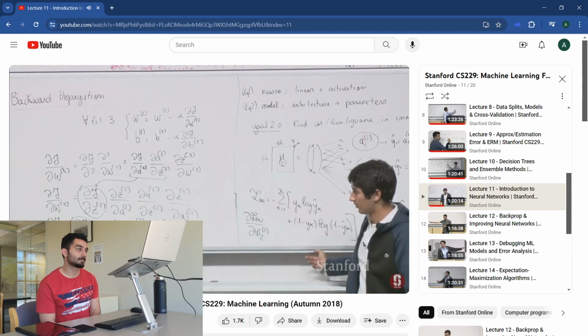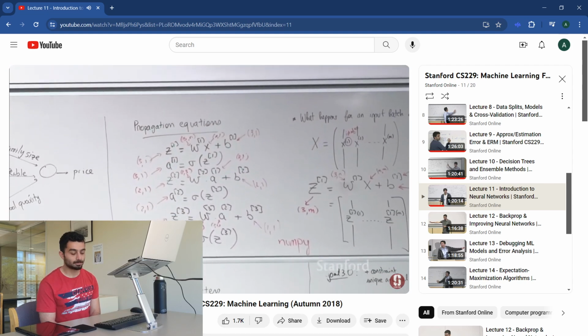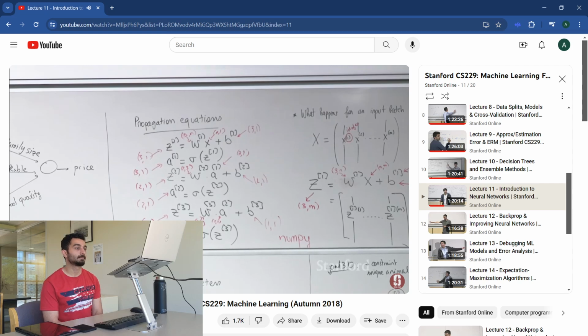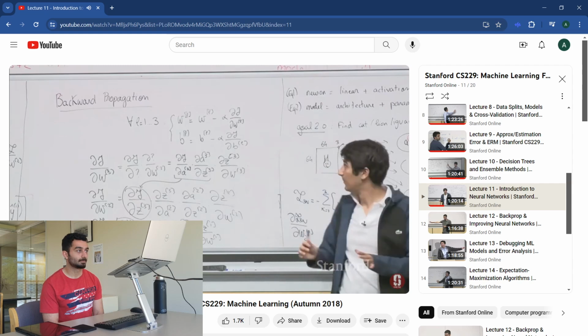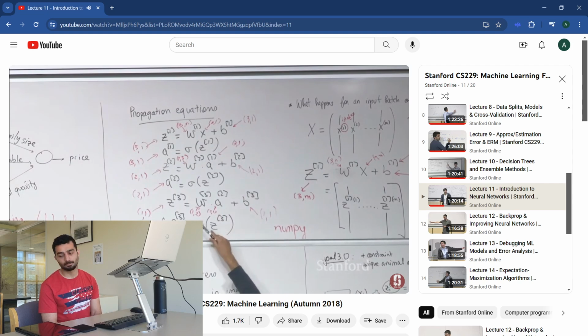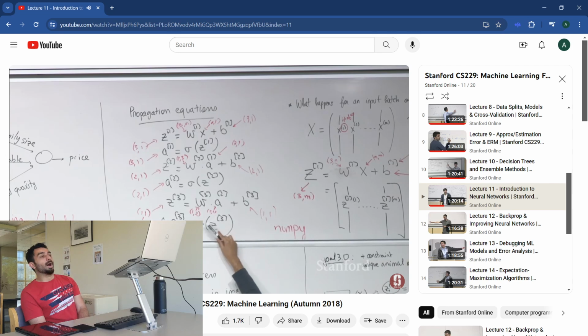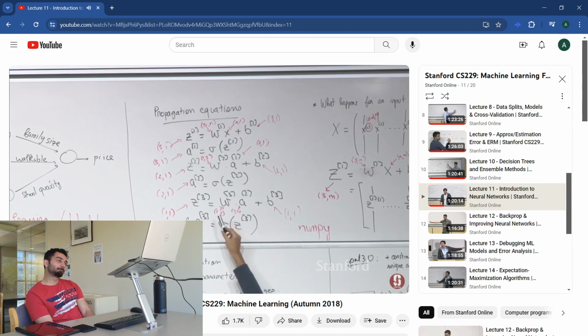One thing that you need to notice, though, is that you need this forward propagation equation in order to remember what should be the path to take in your chain rule. Because I cannot use this derivative of J with respect to W3 as it is, since W3 is not connected to the previous layer. What I wanted to say is that Z2 is connected to W2, but A1 is not connected to W2.